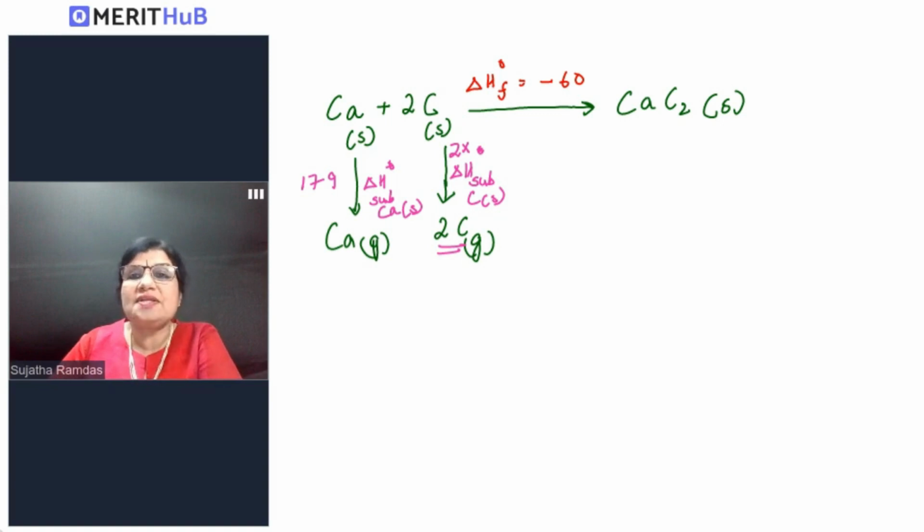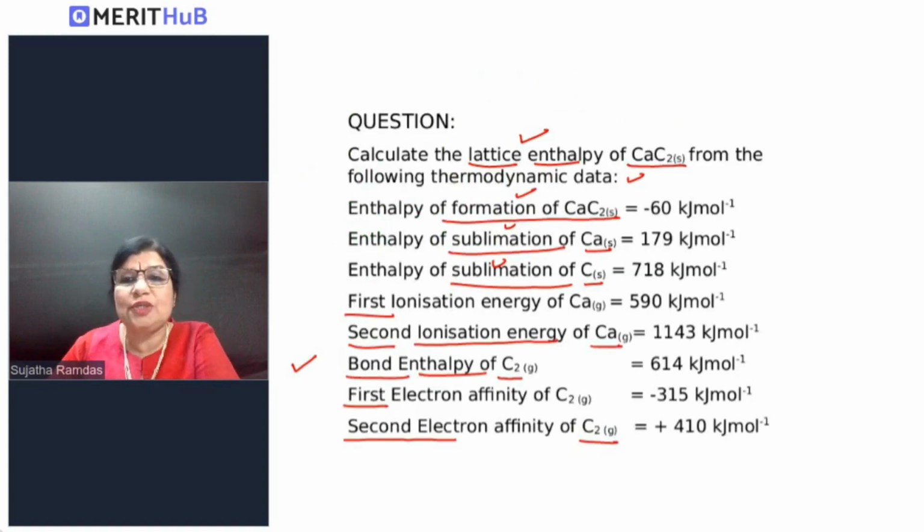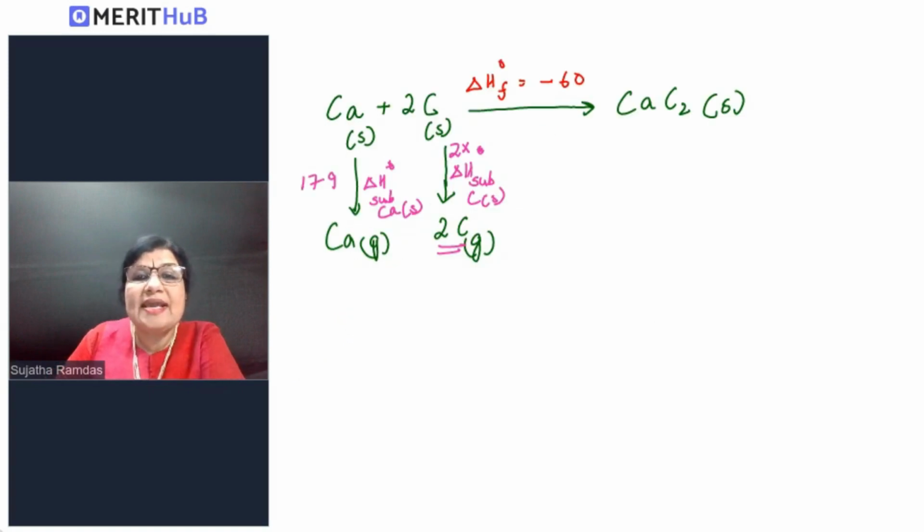What is the value given here? That is also endothermic, which is 718. So this will be 2 into 718.